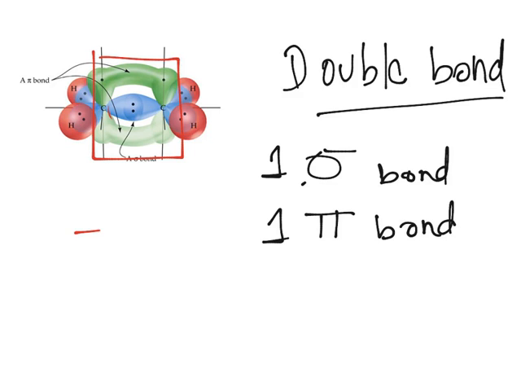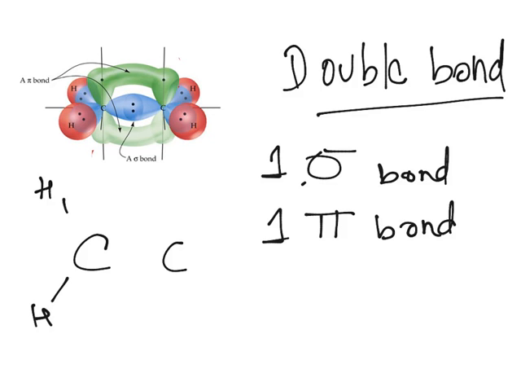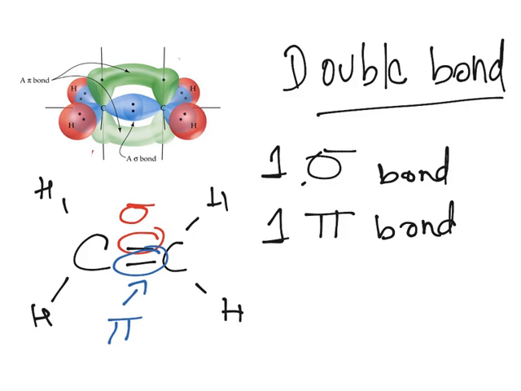They're kind of parallel to each other, but there's a little bit of electron density there. If you don't understand this drawing, it's just a carbon, hydrogen, hydrogen, a carbon, hydrogen, hydrogen, and we have a double bond there. One of these bonds is going to be a sigma bond, and the other one is going to be a pi bond.